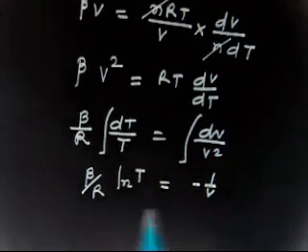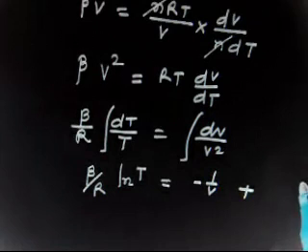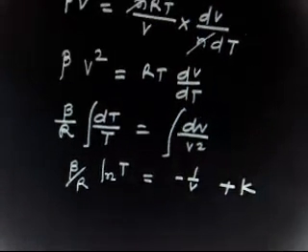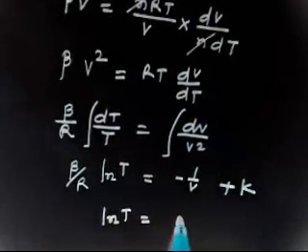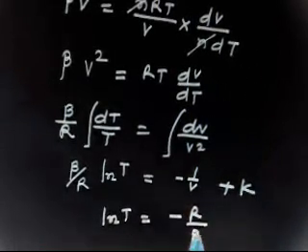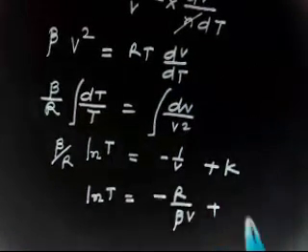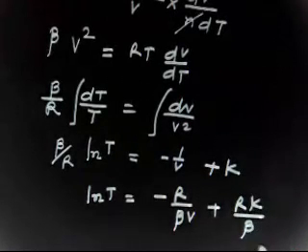So I can write some constant also. So let us say some constant, I can write this constant K. Further I can modify this constant. So ln t is equal to minus R by beta V plus Rk by beta. R is constant, K is constant, so all these are constants, so I can put this as a constant.